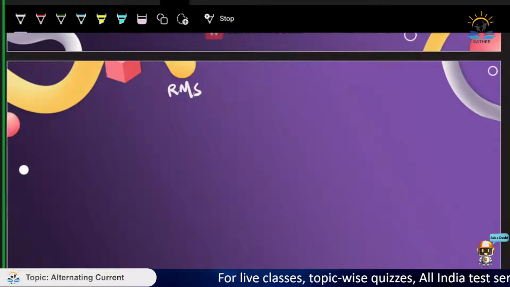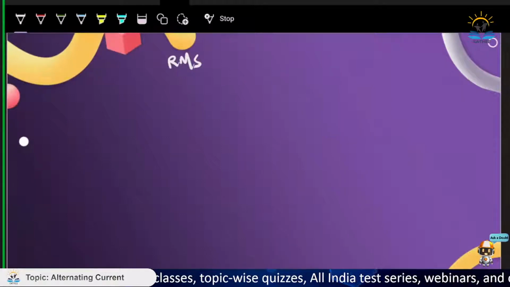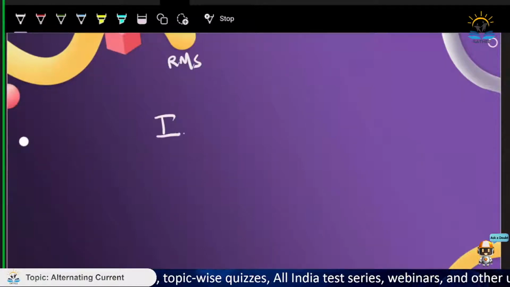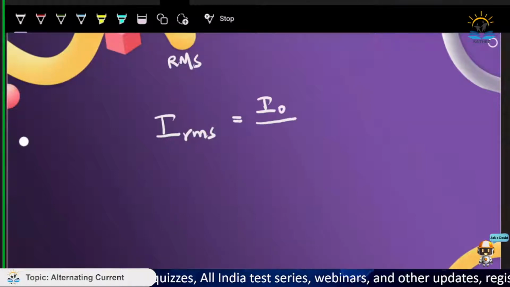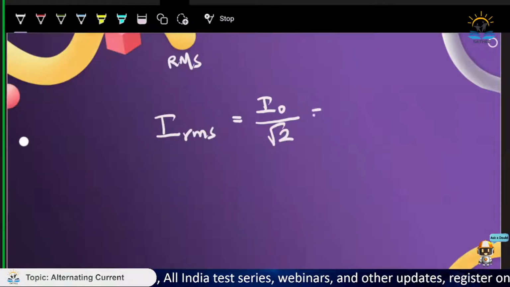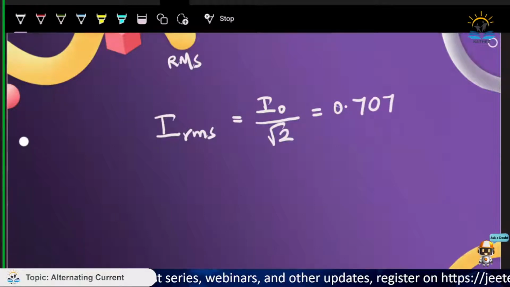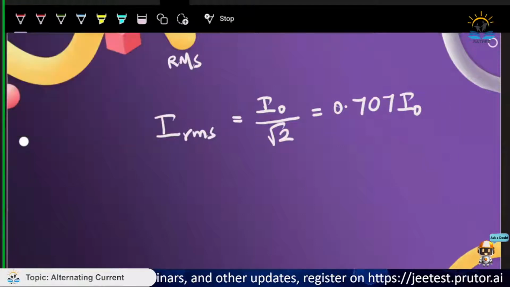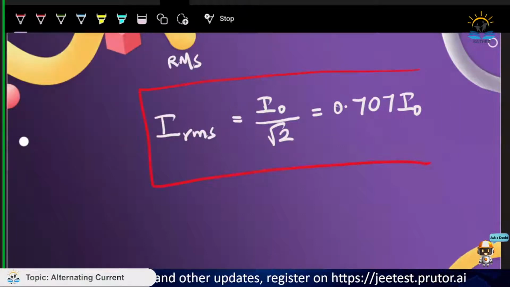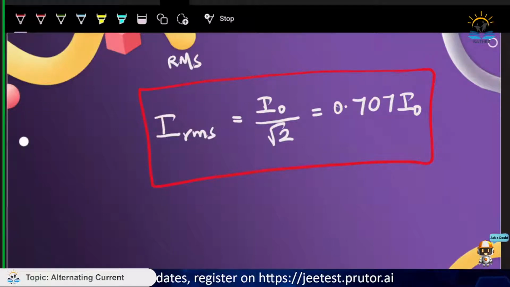I'm not doing the derivation here, but I RMS is I naught divided by root 2, which is equal to 0.707 I naught.